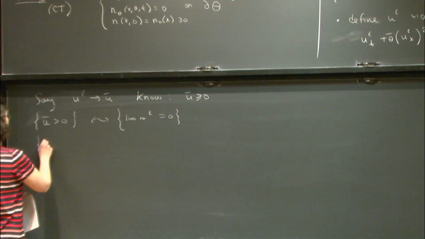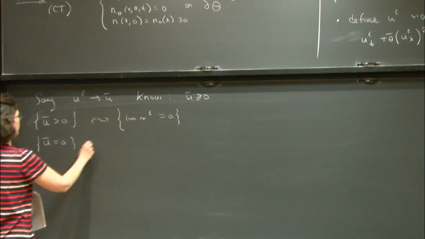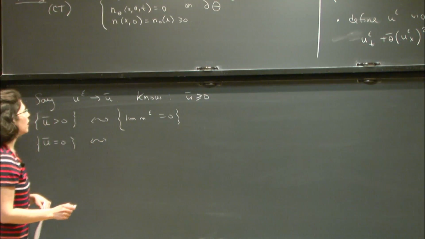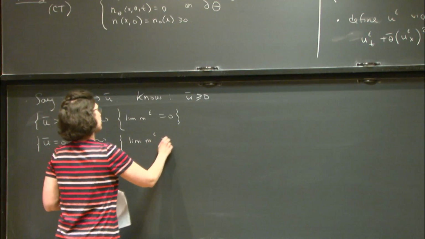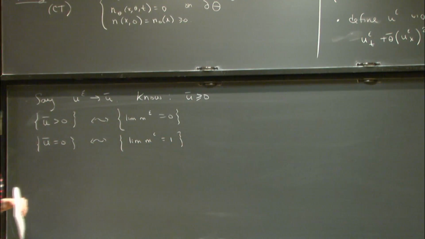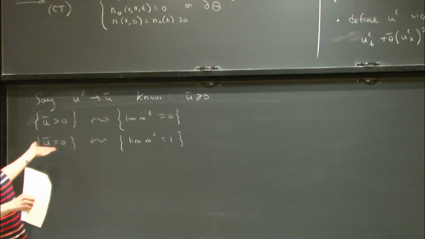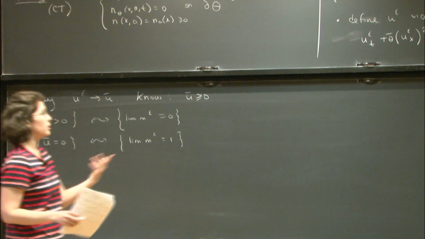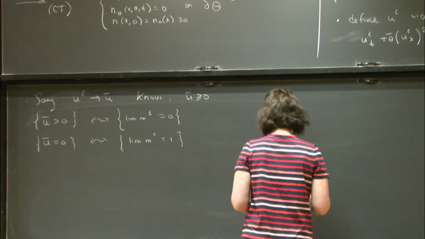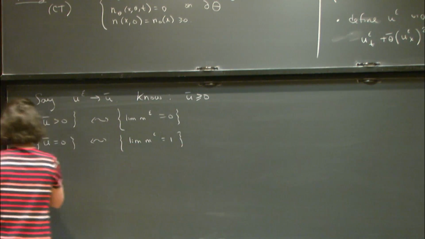And similarly, the region where u bar is 0 corresponds to the limit of the m epsilons being 1. So determining this limiting u bar is equivalent to understanding the propagation in the original problem. Or rather, determining the zero set of this u bar is the same as determining the propagation in the original problem.